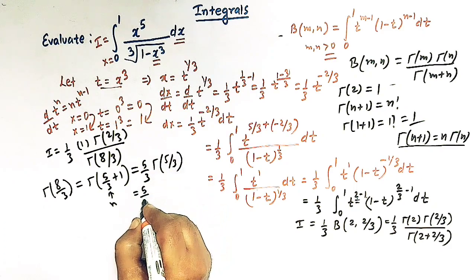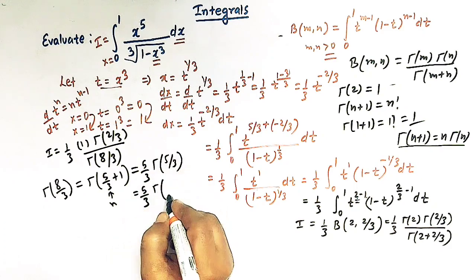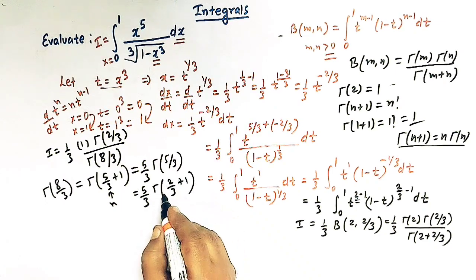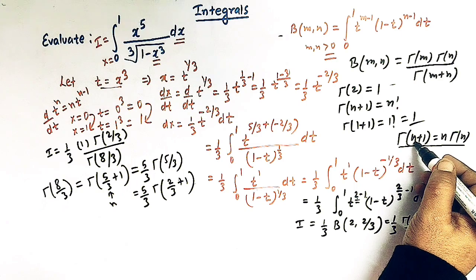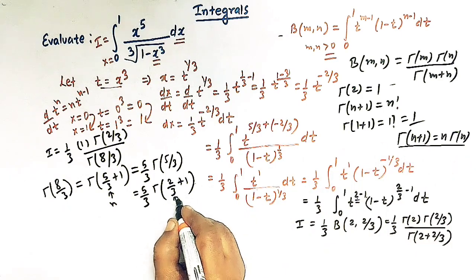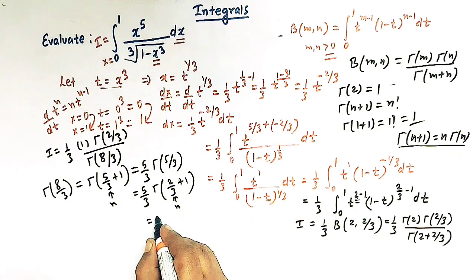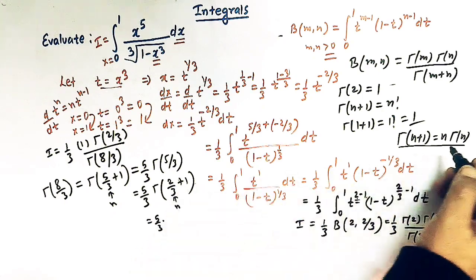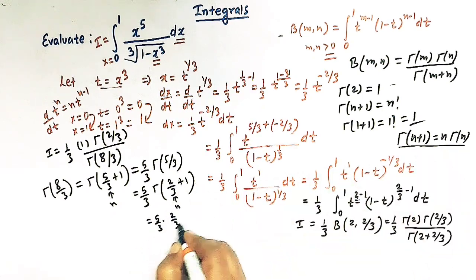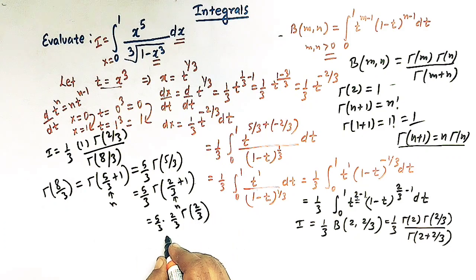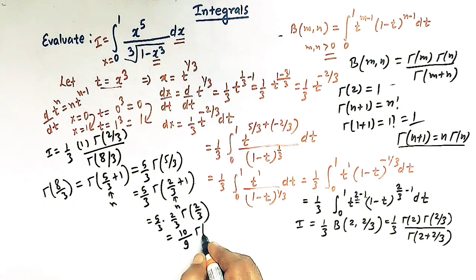Now further 5 over 3 can be written as 2 over 3 plus 1. Now again this term is similar to this one, n plus 1, and again n is a positive fraction, that is 2 by 3. So we have 5 over 3, and applying this rule we have 2 over 3 gamma 2 over 3, right? So this is 5 times 2 is 10, 3 times 3 is 9, and gamma 2 over 3.